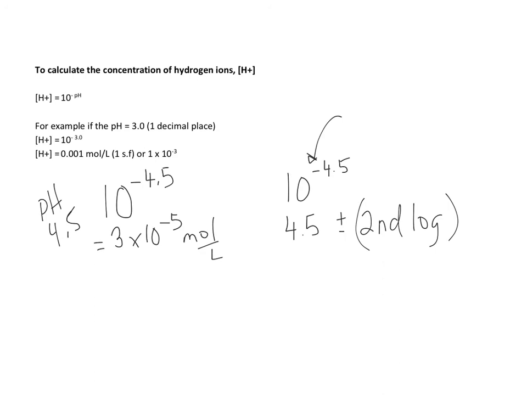Let's do one more. pH of 11. So you're going to put in 10 to the negative 11. So second function log negative 11, or 11 plus minus to make it negative, and then your second function log.